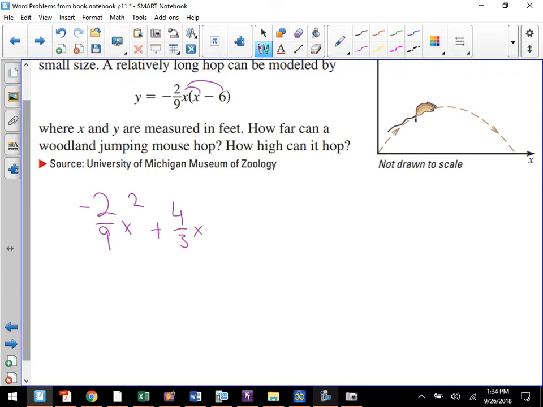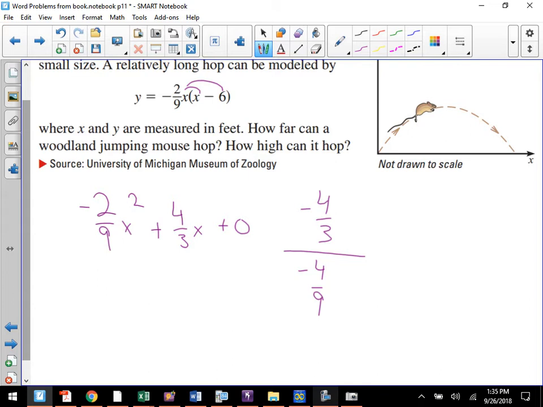Now, if it's starting at 0 because there is no C value here, can't I just figure out what the axis of symmetry is and double it, tell me how far it jumped? Good. So all we do is take the opposite of B over 2A. Well, if I double negative 2/9, I get negative 4/9.